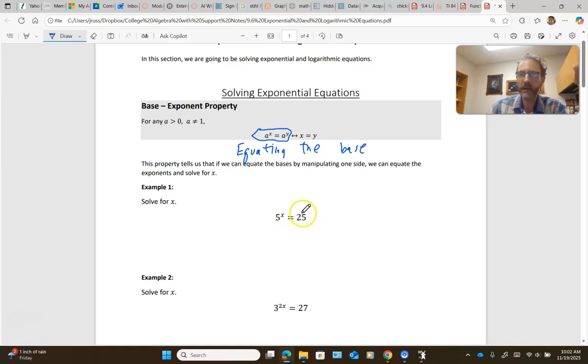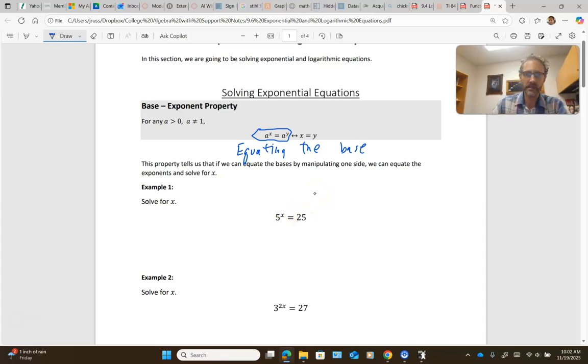Well, the 25 here, I can rewrite this as an exponential expression because the base on the left-hand side is already 5. If I can re-express 25 as 5 to some power, then the bases will be equal to each other, and so that will imply that the exponents have to be equal to each other.